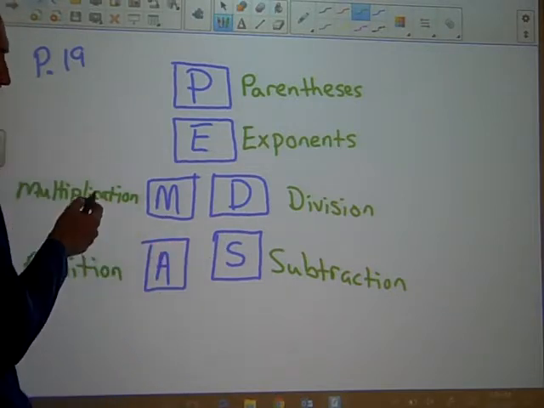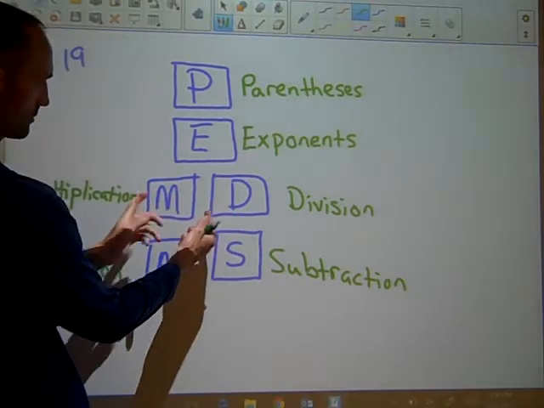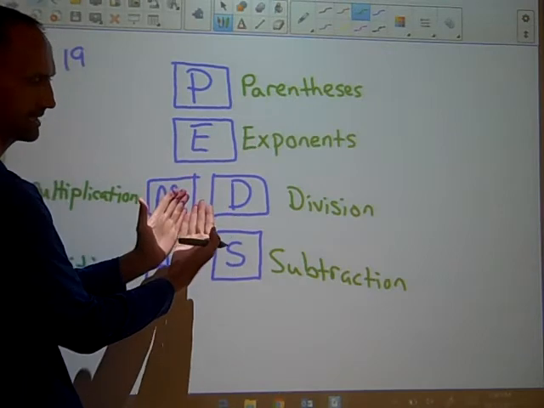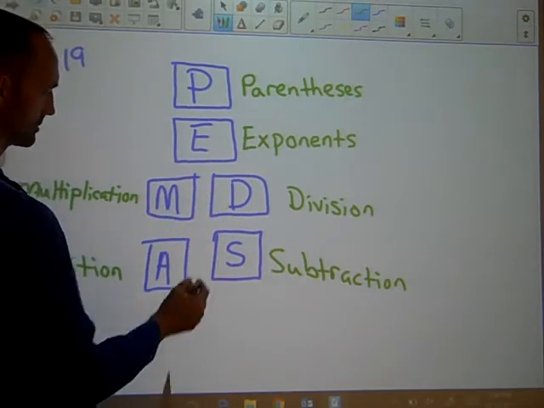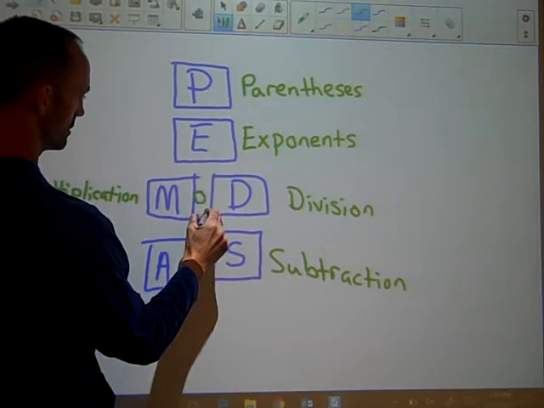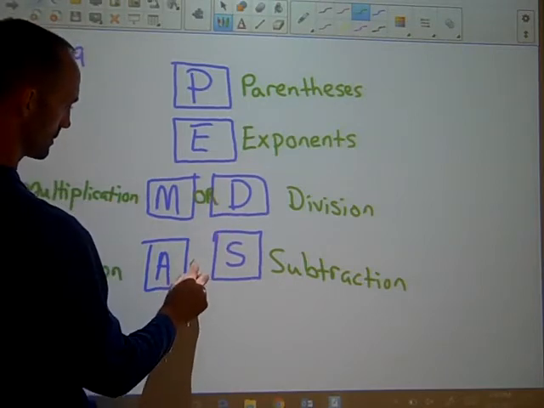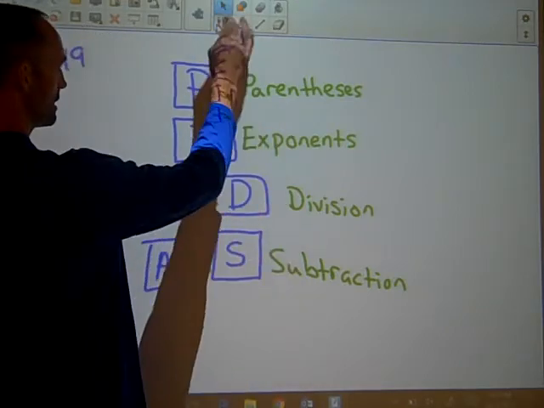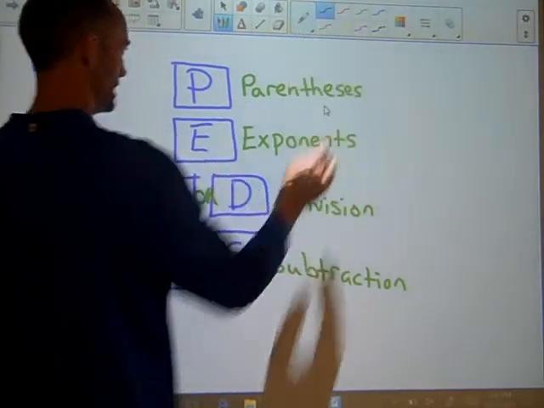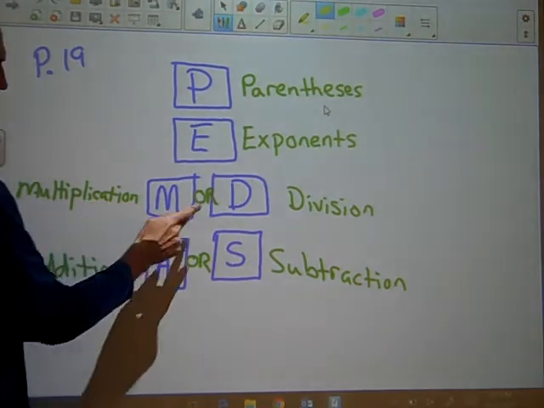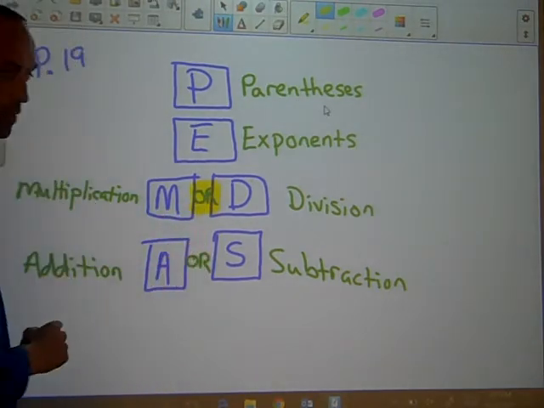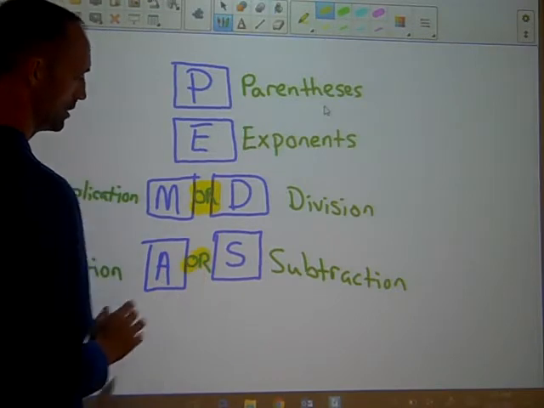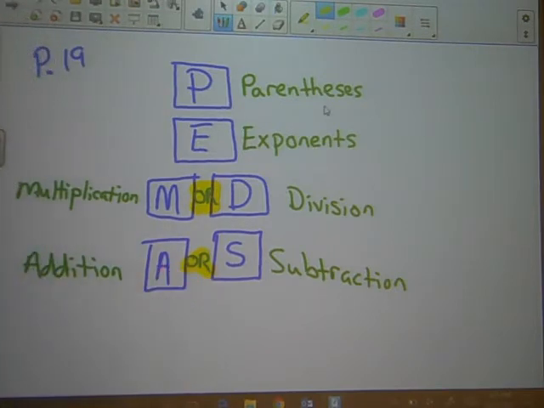And if you will, please write the word "or." You might have your two sticky notes, if they're touching, multiplication and division, that's okay. Or if you have a little space, that's okay. Please write the word "or" in between or over top of your A, S, and your M, D. Okay, because it's multiplication or division, and it's addition or subtraction.